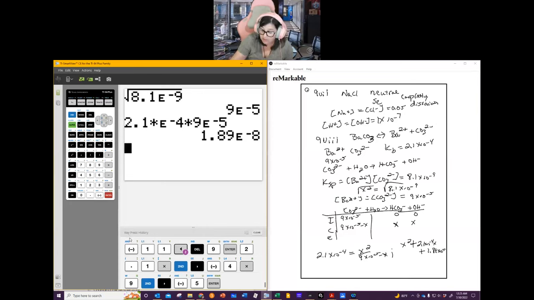And then, of course, I can set this as my A, my B, and my C. And I can't do that on this calculator, so let me pull up this again.